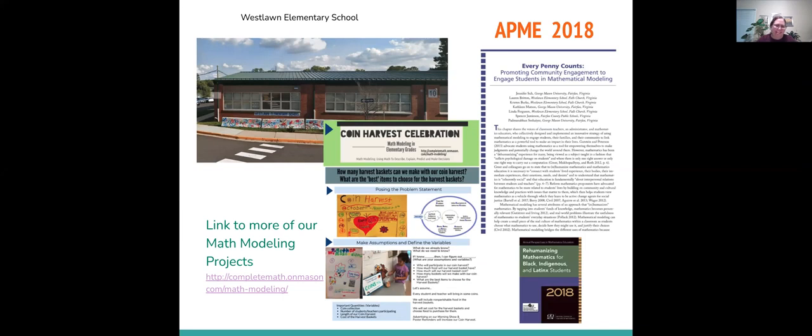Just to highlight what's on this slide, the coin harvest: they decided to collect coins to buy food for families in need at Thanksgiving time. That was a really great thing for them to do. Jen also put in a copy of the article that they wrote on it, and it was published, which was very exciting for our teachers at our school. So that was a really great thing for Westlawn.